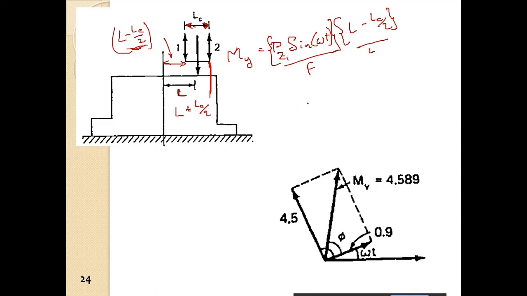So this is one moment. What is the other moment? We have plus again Pz2 sine of omega t plus pi by 2. This is the force which is at a phase difference of pi by 2, into the lever arm L plus LC by 2.